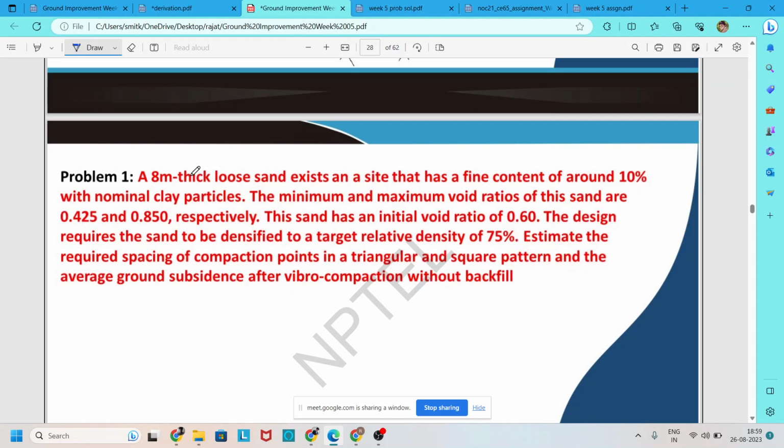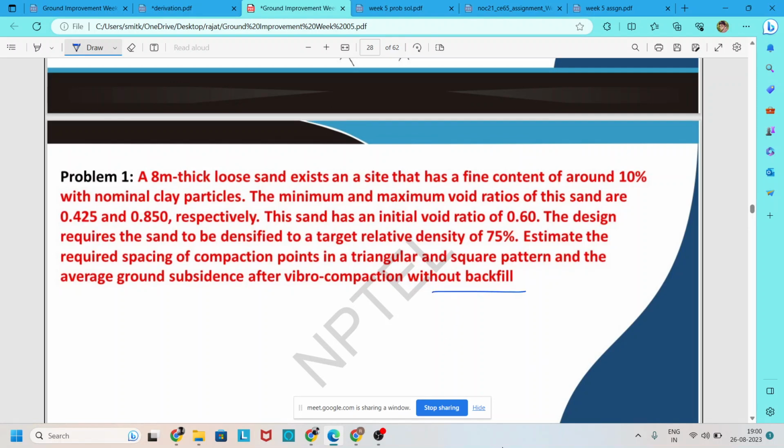This sand has an initial void ratio of 0.6, and the design requires the sand to be densified to a targeted relative density of 75%. Estimate the required spacing of compaction points in a triangular and square pattern and the average ground subsidence after the vibro compaction without backfill material. Remember here it is said that without backfill material.